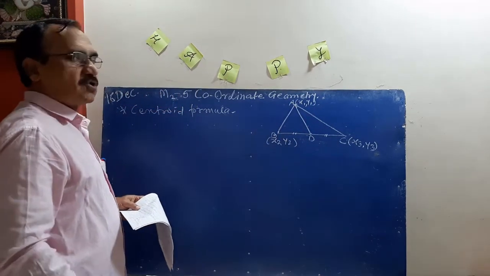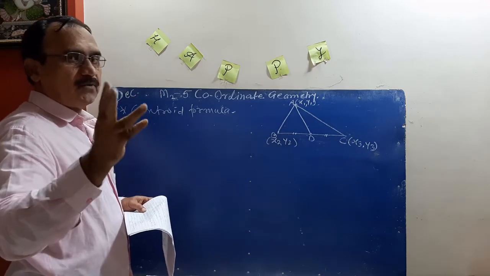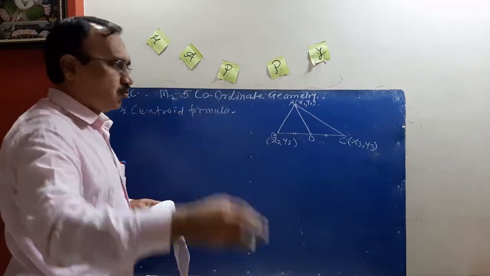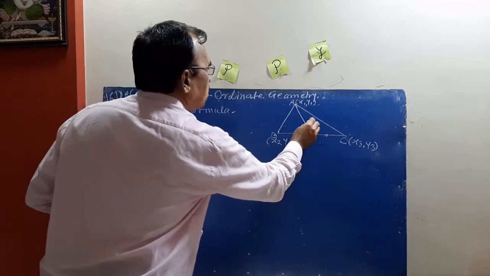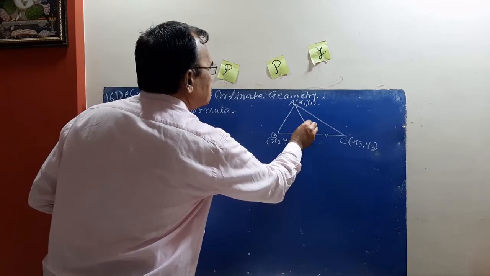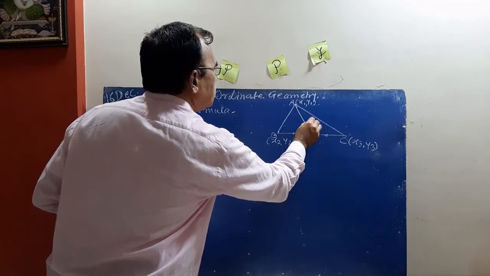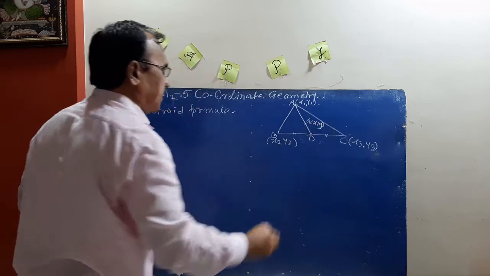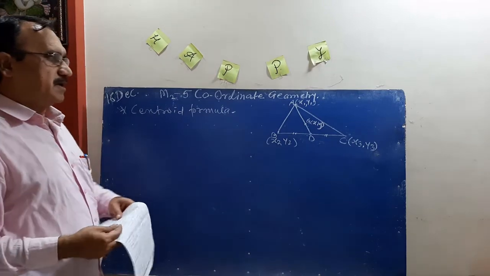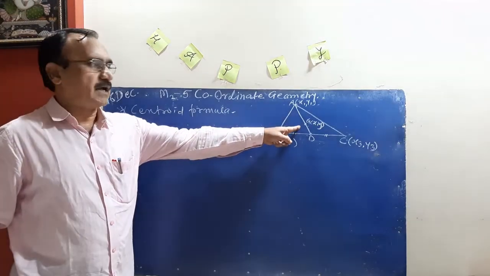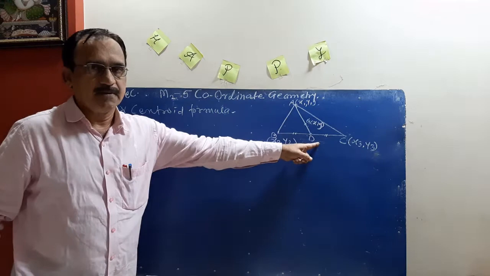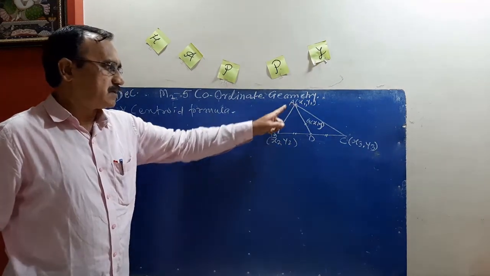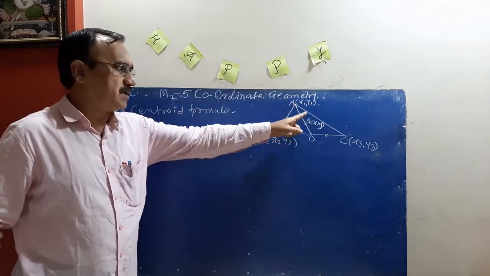And you know, the three medians are divided in a 2 to 1 ratio. The point of intersection of the medians is Z, having coordinates x, y, and here point Z is called the centroid of triangle ABC. These are the three vertices of triangle ABC.